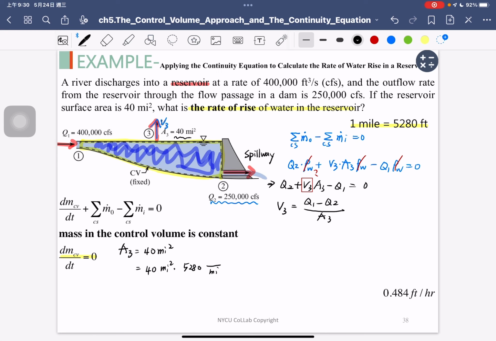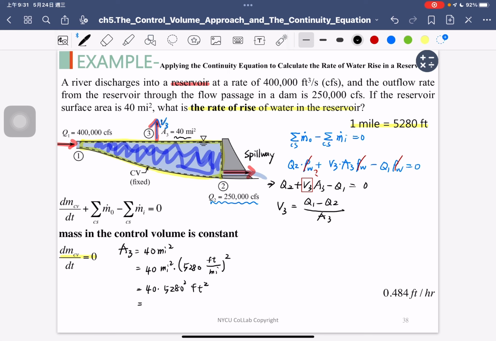Okay, this is 1 mile changed to feet, and we should have the square, right? And we can change the dimension to be feet squared. So here the 40 multiplied by 5280 squared, and the unit will be feet squared.